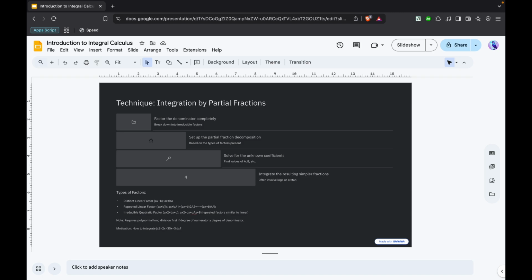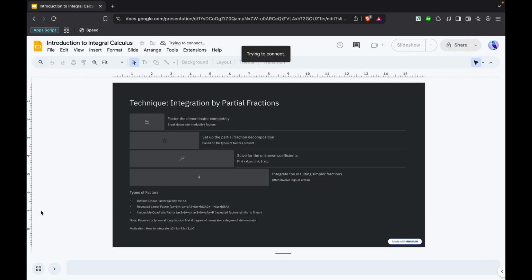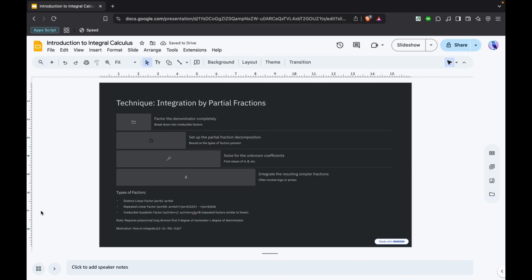The second to last topic we're going to be talking about is integration by partial fractions. This is actually quite complicated, and it involves setting denominators and a lot of algebra. There are different types of factors. So this entire box, types of factors, distinct linear, repeated linear, and irreducible quadratic, all of them are basically using the same partial fractions technique, and some of the integrals are really better off like that.